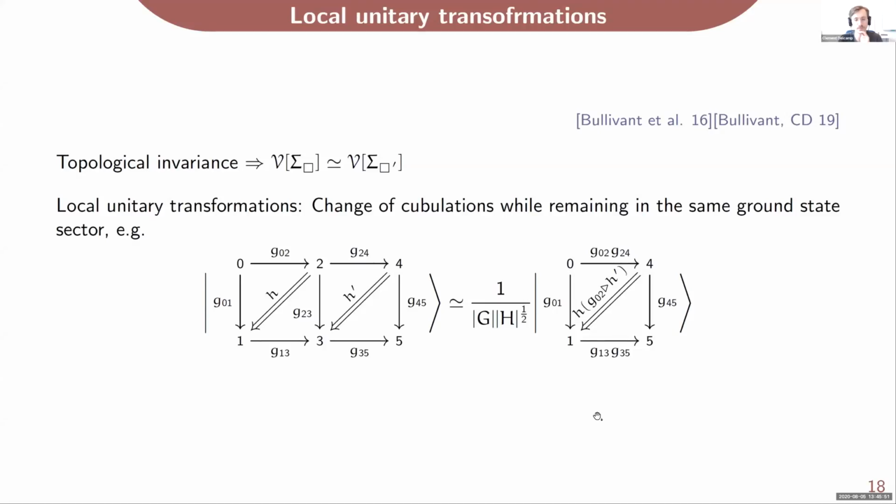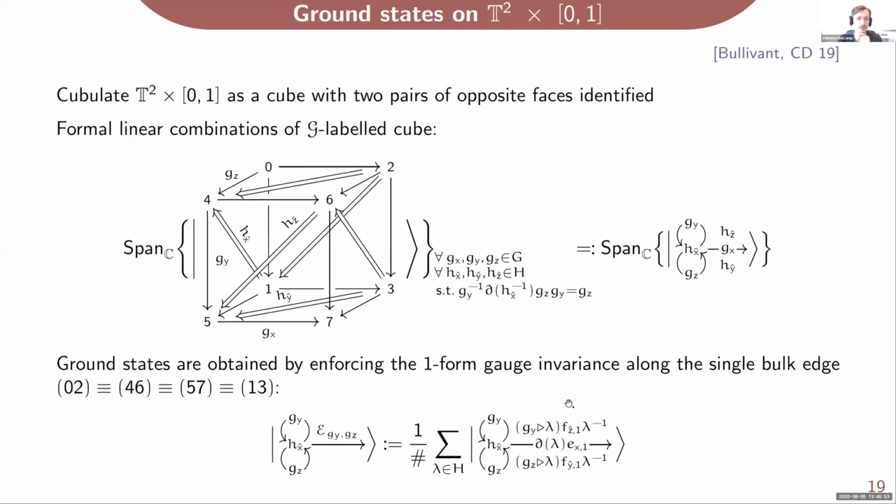So using all this, we can now consider the tube algebra in 2+1D as we did for the gauge model. Let me recall that the tube algebra is with respect to the manifold which is the torus cross an interval. In order to define the ground state subspace explicitly on this manifold, I need to pick a cubulation.